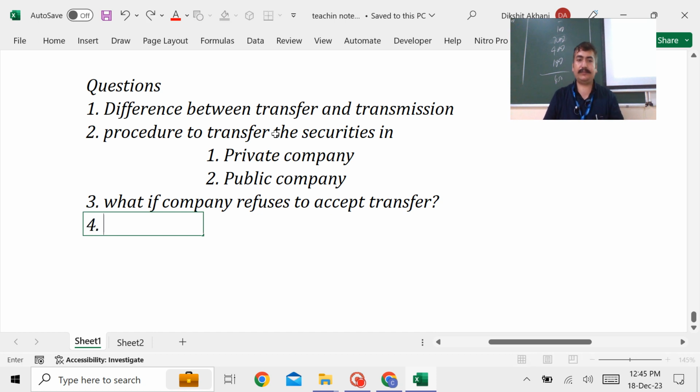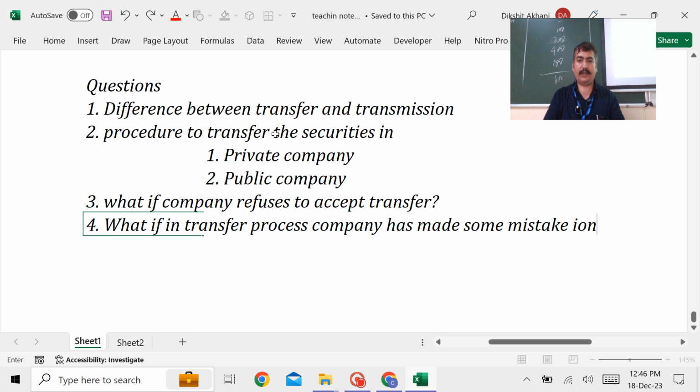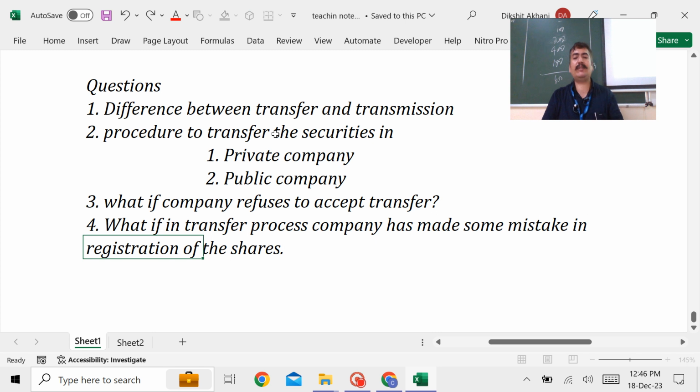Next is, what if in the transfer process the company has made some mistake in registration of the shares? For example, the surname is not proper, the transfer is approved but records are not amended yet, like this. Clear?